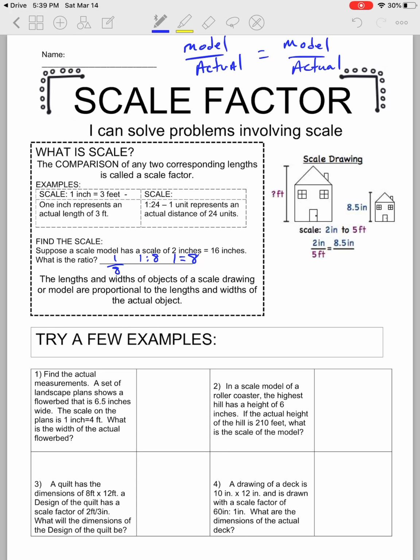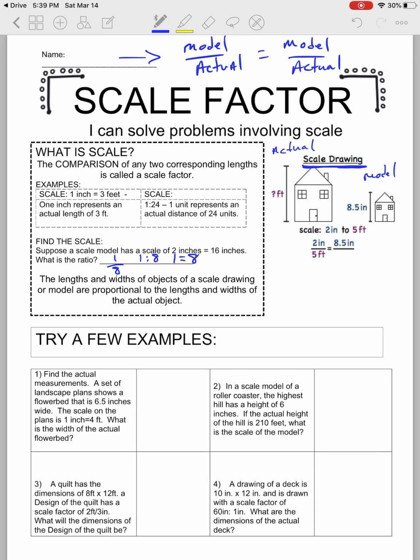The length and width of objects of a scale drawing or model are proportional to the lengths and widths of the actual object, and that's why we have that formula here. And look right here, we have a scale drawing example. We've got two houses. The little one is the model. The big one, the actual.